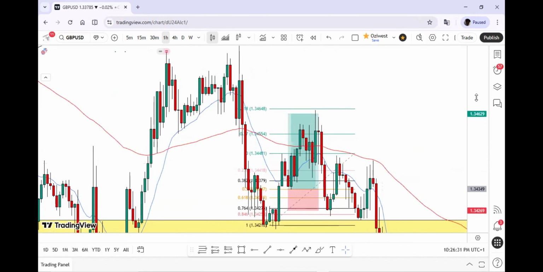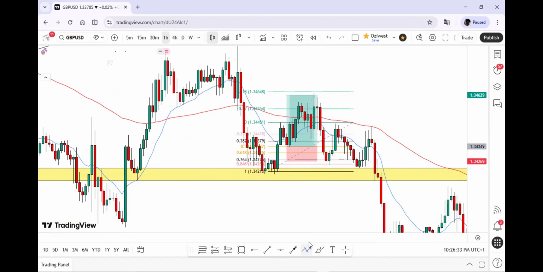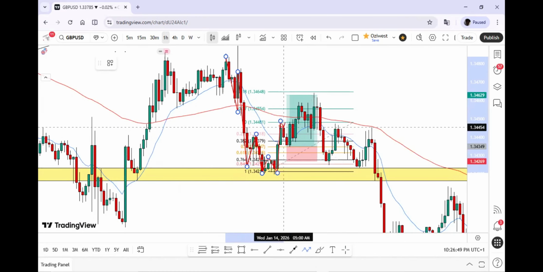If we follow market structure here, you see that price from this point here gave us that lower low, lower high, lower low, lower high, lower low, lower high, double bottom, higher high. Price has broken structure, giving us a bullish market structure.